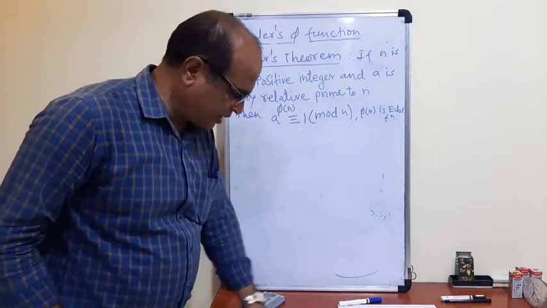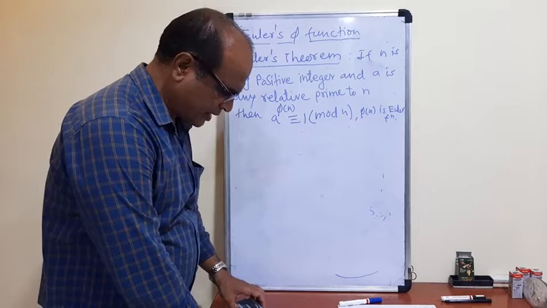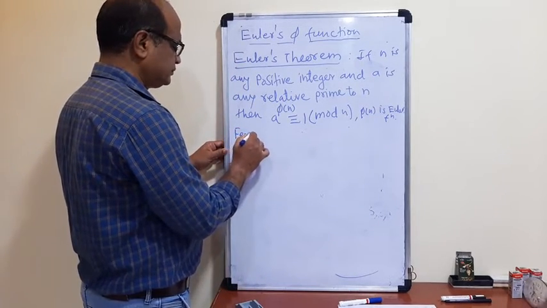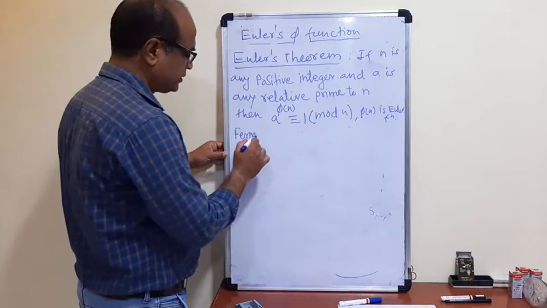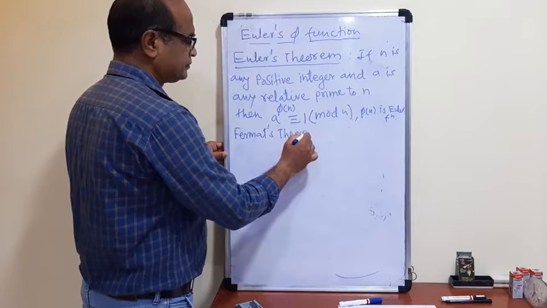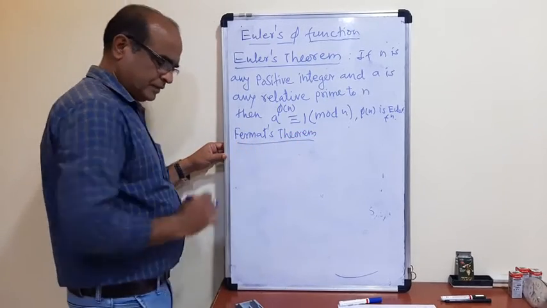What is the proof of that theorem? The proof is also simple. Also, what is Fermat's theorem?